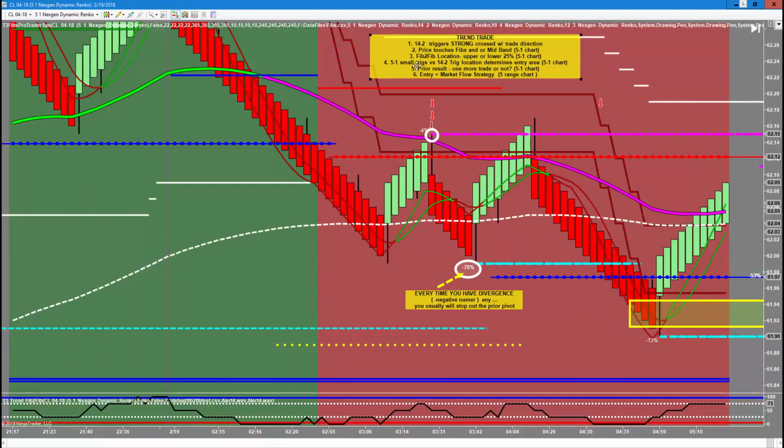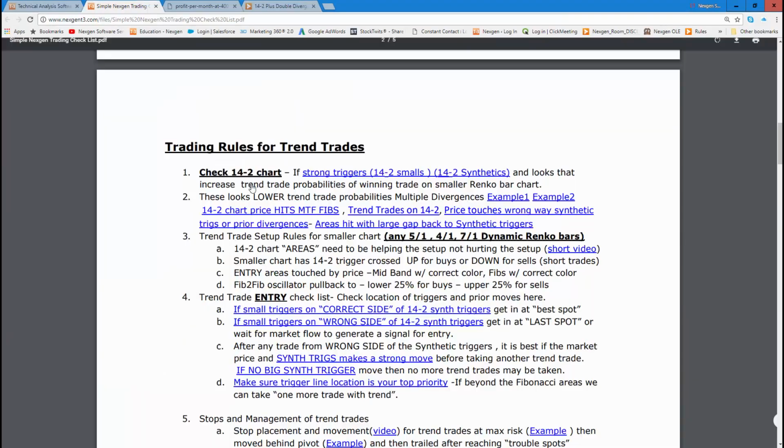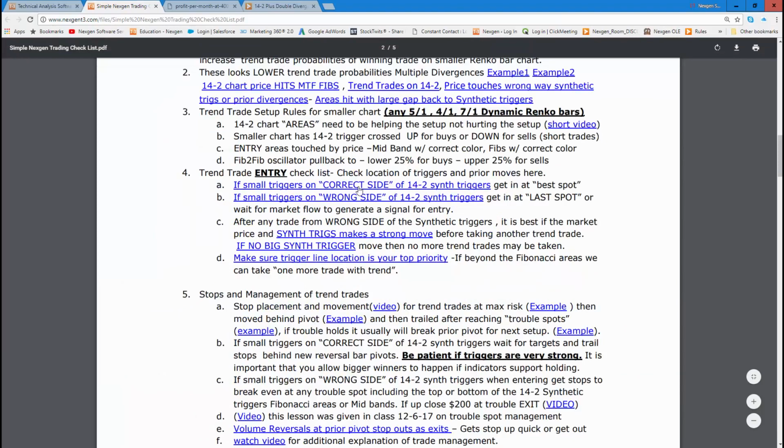Now, one of the things that we talk about is where are the triggers located versus the synthetic triggers, right? So you guys remember that from the trading plan? Again, in the plan, if the triggers are on the correct side, so for shorts, obviously below, we want to get in at the best spot.